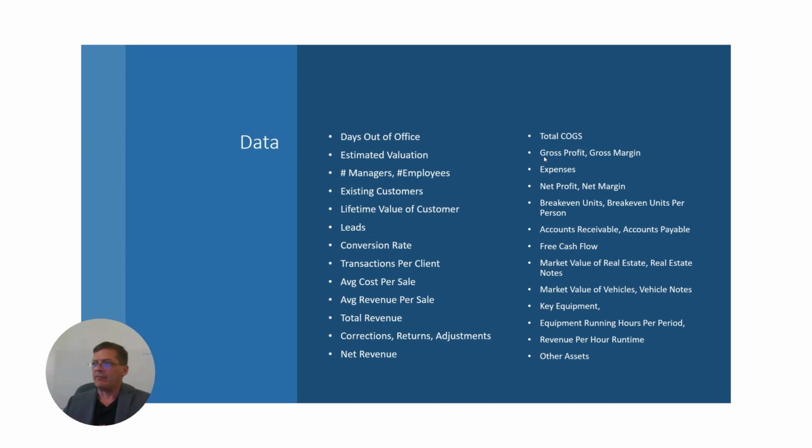We're able to conduct a break-even analysis within the spreadsheet, and also keep track of other assets that help determine the value of your business, including your inventory, your fixtures, furniture and equipment, real estate owned, real estate notes, vehicles owned, vehicle notes, securities, intellectual property, and then, of course, how well you're utilizing the equipment that you have in your business. So we're going to take a moment and go straight into looking at the spreadsheet, and then we've got some homework for you at the end, and bear with me.